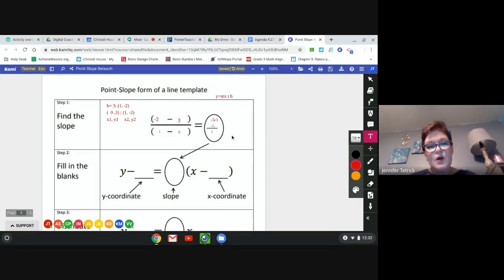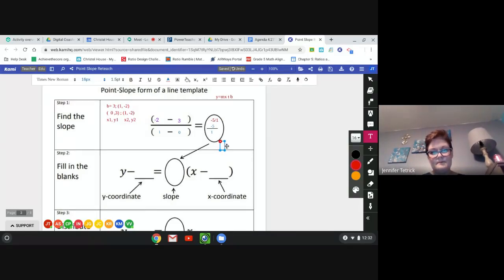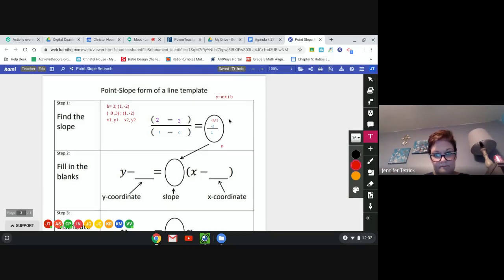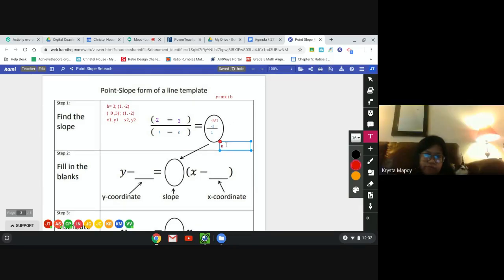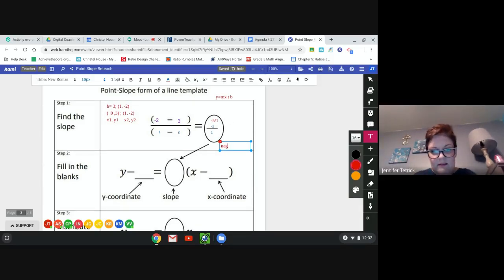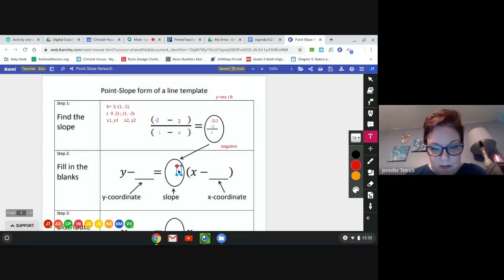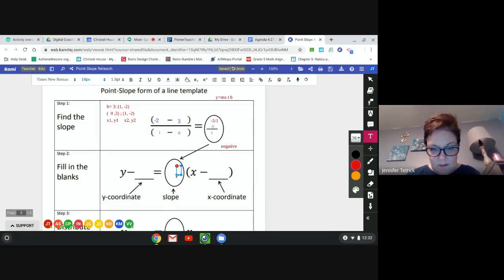And so is our slope going to be positive or negative? They both said negative. Perfect. All right, now here's the thing about this. Our slope is going to be negative 5. We know that because we just solved for it, okay?